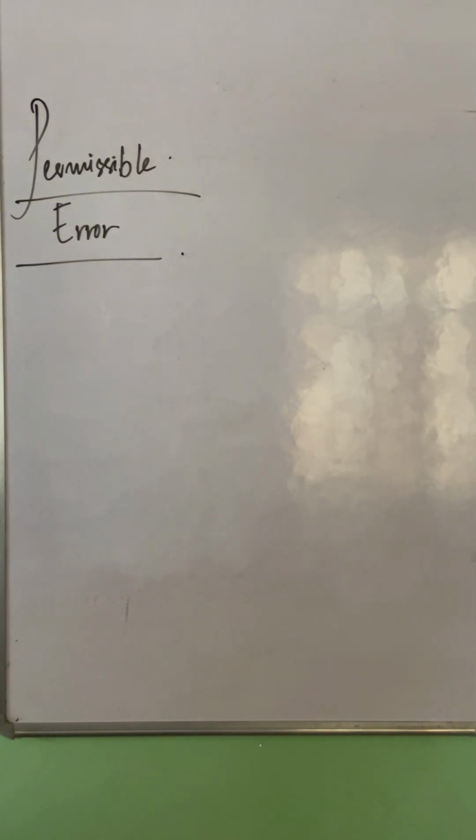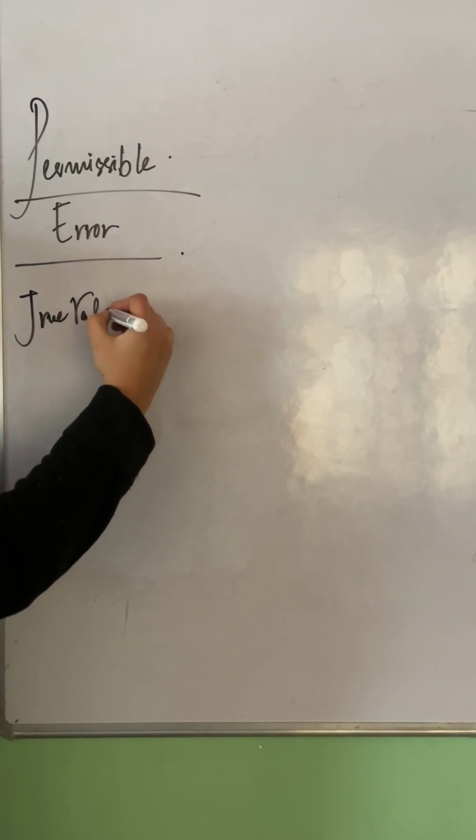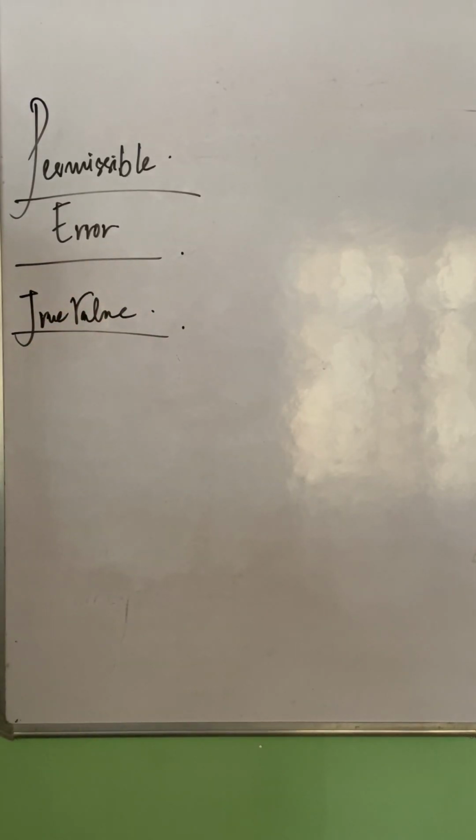Permissible error. What do we mean by permissible error? The permissible error is the maximum allowable limit that a measurement may vary from the true value. The true value is that value which is free from every type of error, and it's a hypothetical quantity that cannot be determined.